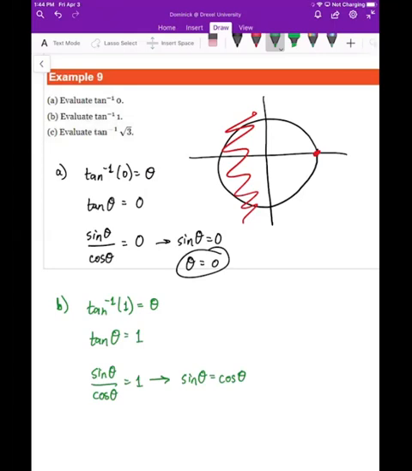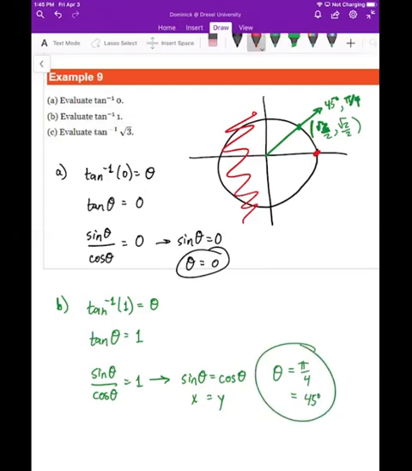Where is sine equal to cosine, or where is x equal to y? By now, we know that is for your 45-degree angle, or pi over 4 angle, because that's where both x and y are square root of 2 over 2. So this happens when theta is equal to pi over 4, or 45 degrees.